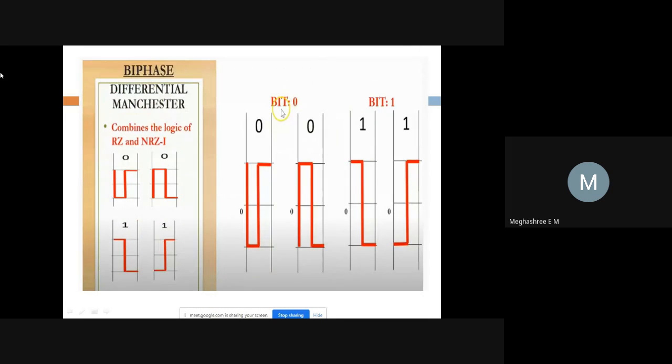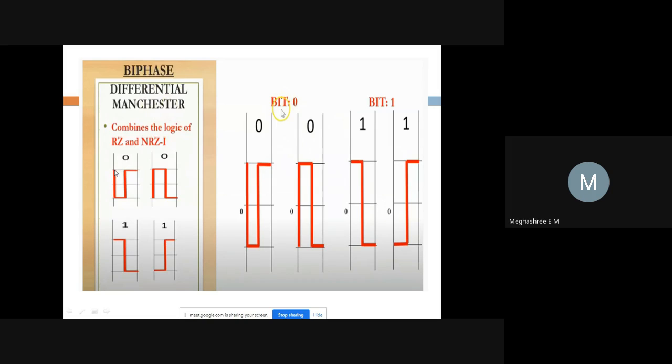Now to represent 0, if the given data bit is 0, you can present it either way. Start from the negative side and stay at the same side, but there should be a transition in the middle of the bit, because that is the rule under return to zero. Return to zero says there should be a transition in the middle of the bit, whereas NRZI says when there is a 0 bit, there should not be any transition.